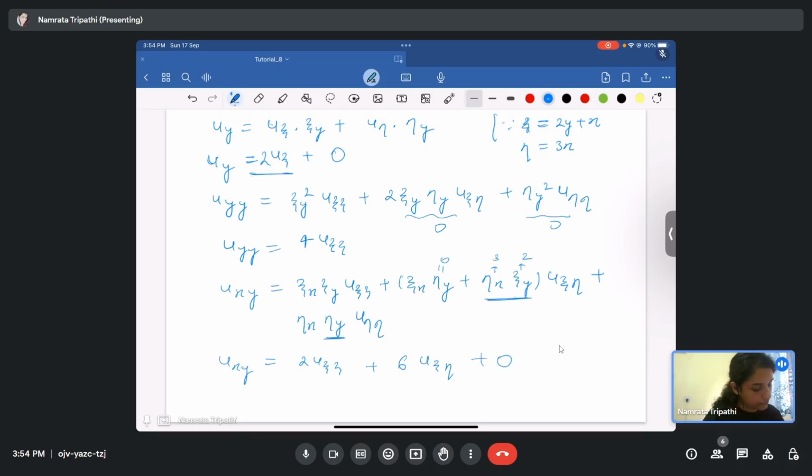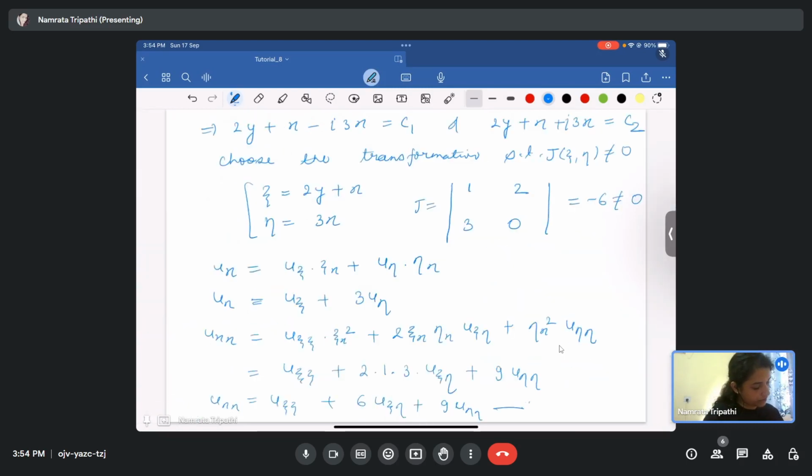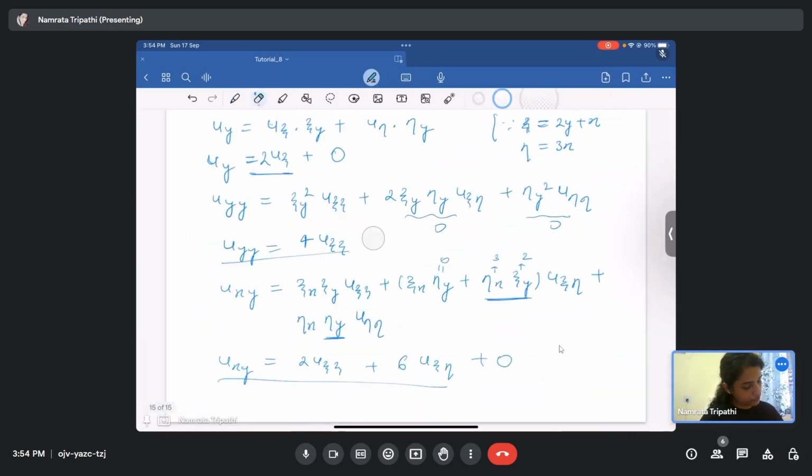Now you have to substitute the value of, let's say this is equation 1, this is 2 and this is 3.